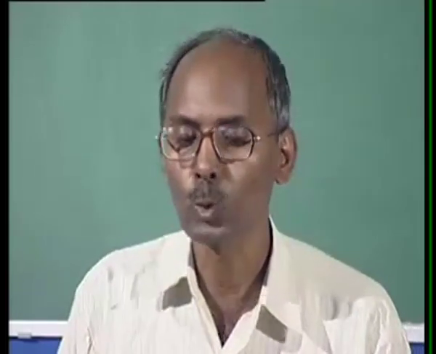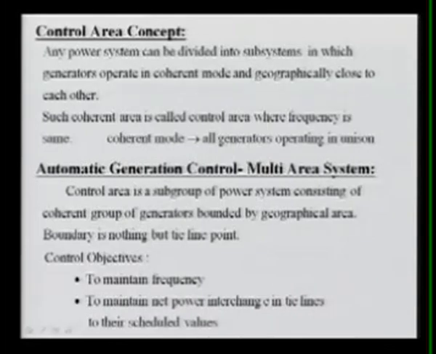So before that, let us consider this control area concept. Any power system can be divided into subsystems in which generators operate in coherent mode and are geographically close to each other.